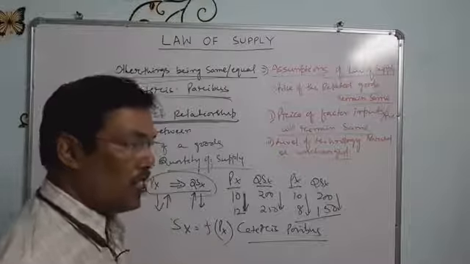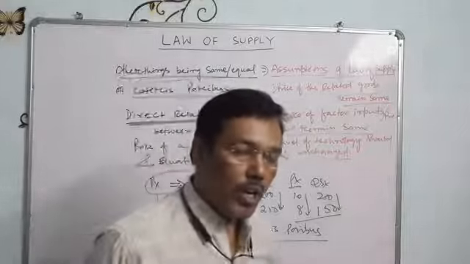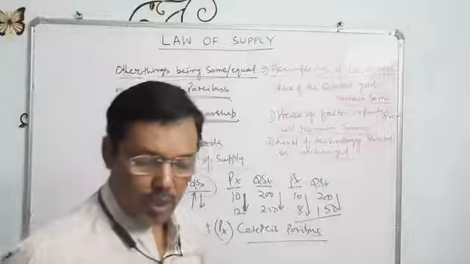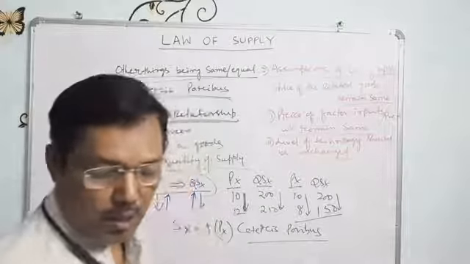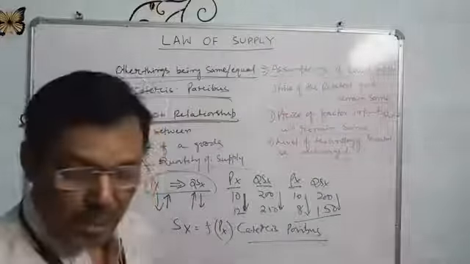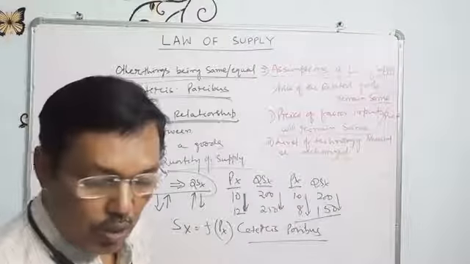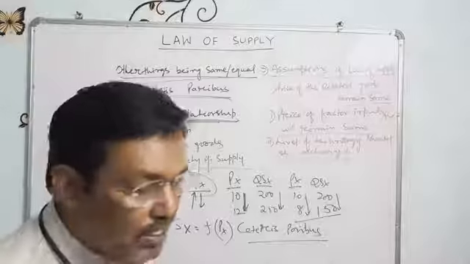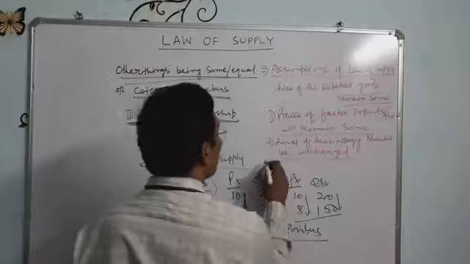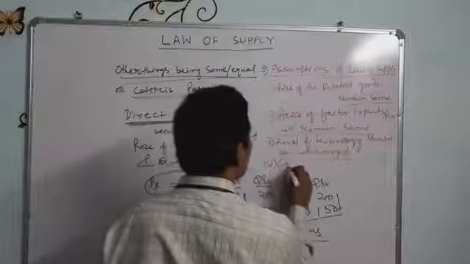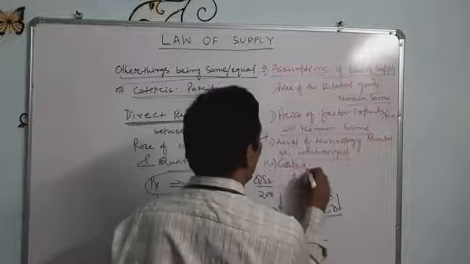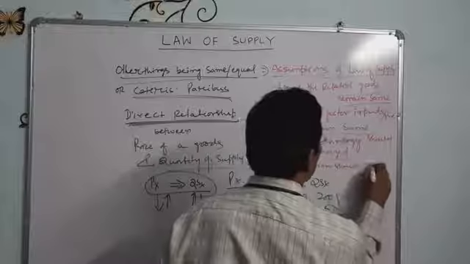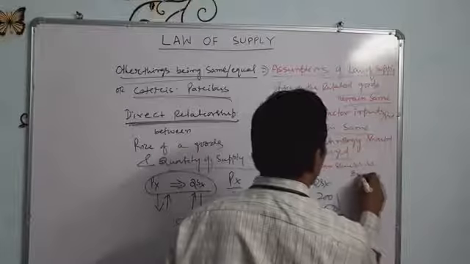The producer always aims to earn more and more profits. The goal of the firm is always to earn more and more profits. So in this case, the goals of the firm should remain unchanged, or the same.